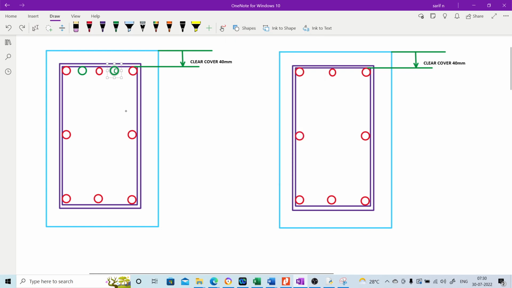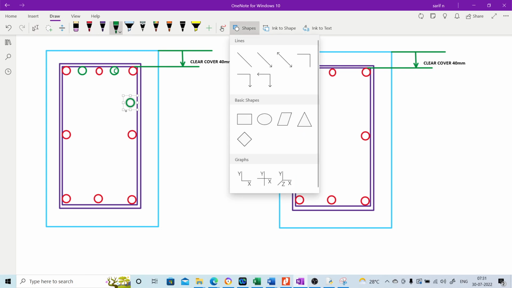Like that, let us provide another 20 mm can be provided here.